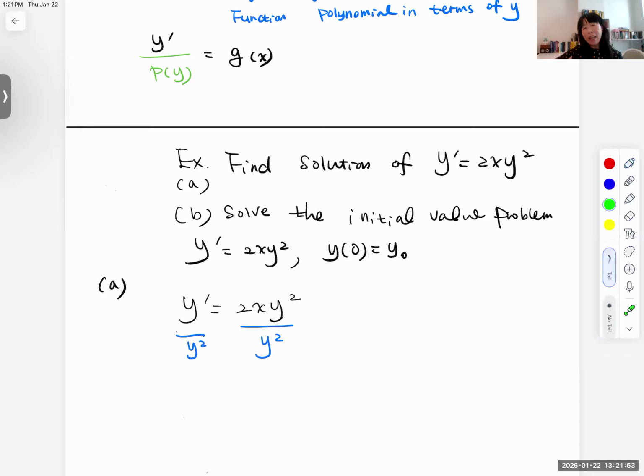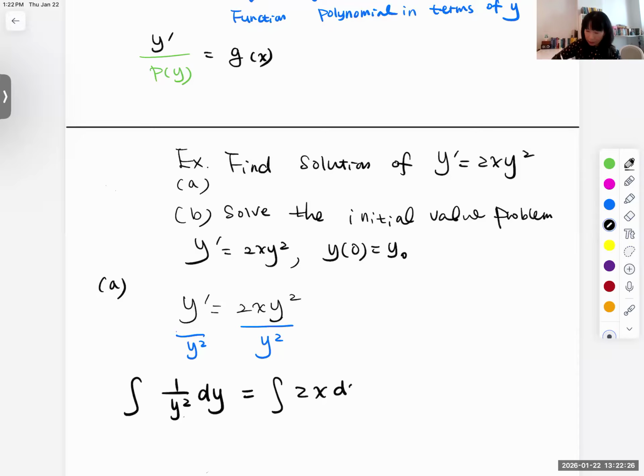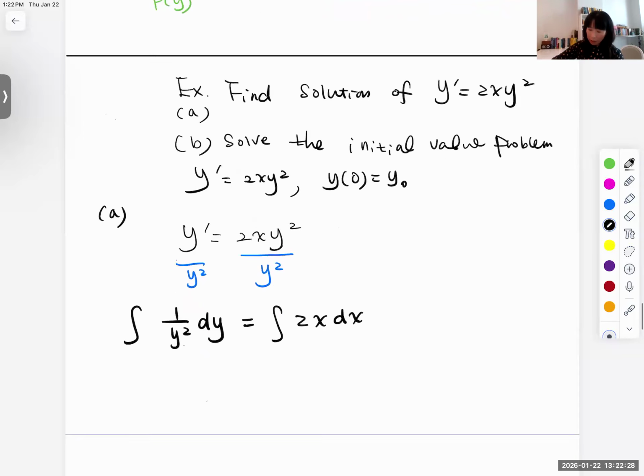We had enough experience: y prime we rewrite as dy over dx, and then multiply by dx on both sides. So let us do everything in one step. Okay, so we will get 1 over y squared, dy, on the left side, and on the right side we have 2x dx.